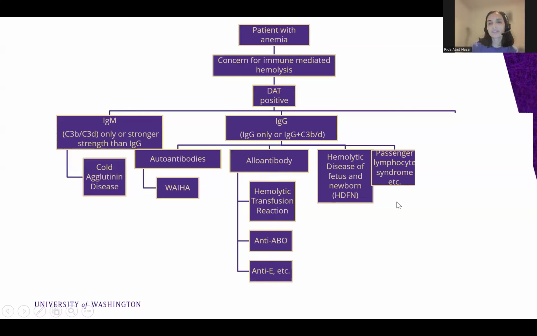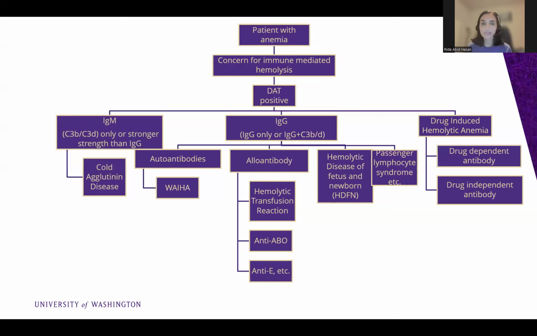And then the third category is drug-induced hemolytic anemias, which can also have a positive DAT, and there's two different broad spectrums of it. I'll talk briefly about this. I'm going to categorize it as its own thing for now because it's just so variable what the presentation can be. But in general, what I'm trying to get to is that once you have a positive DAT, it doesn't automatically commit your patient to autoimmune hemolytic anemia.